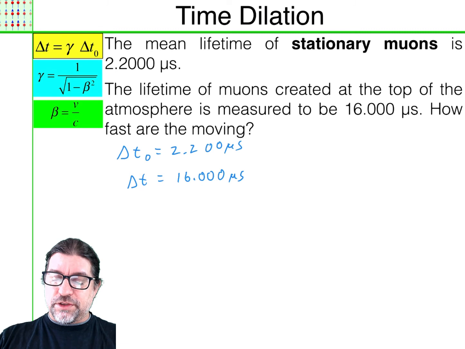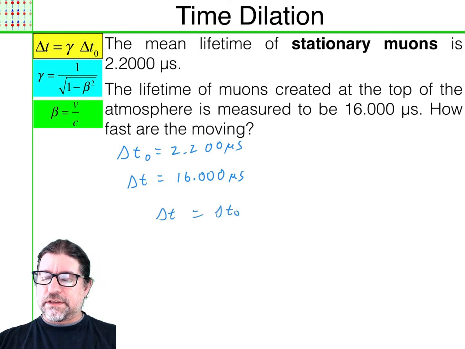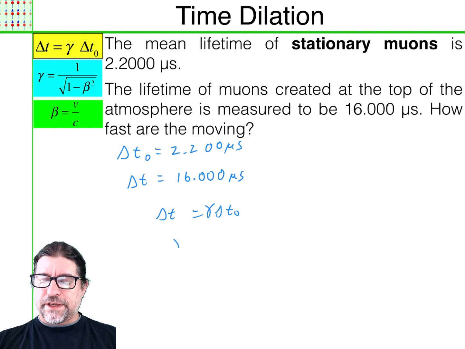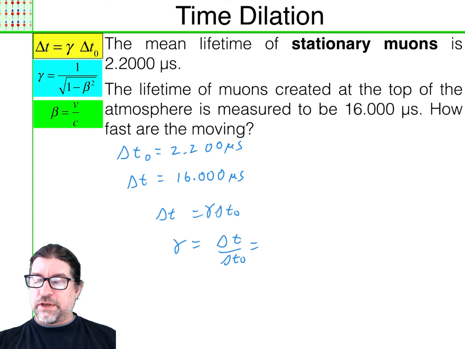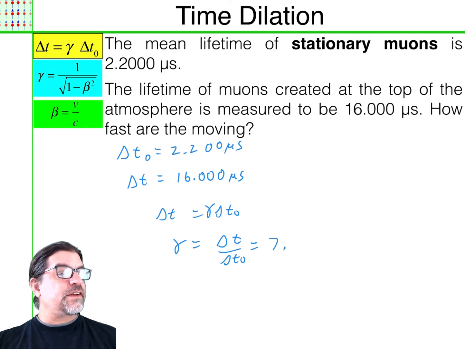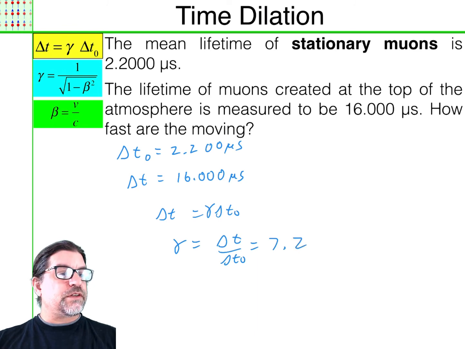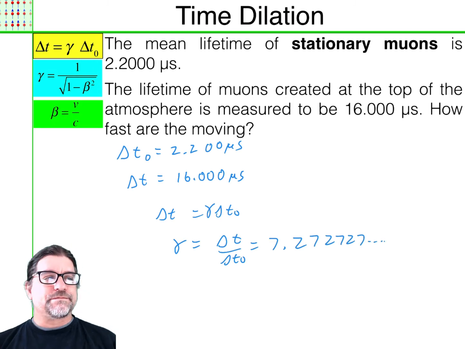We just use delta t equals delta t naught times gamma. So let's solve for gamma. Gamma is delta t over delta t naught, right? So I plug in 16 divided by 2.2, and I get, keeping some extra sig figs, about 7.272727, and so on.